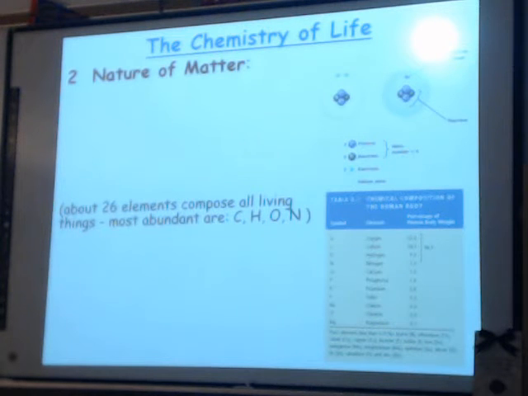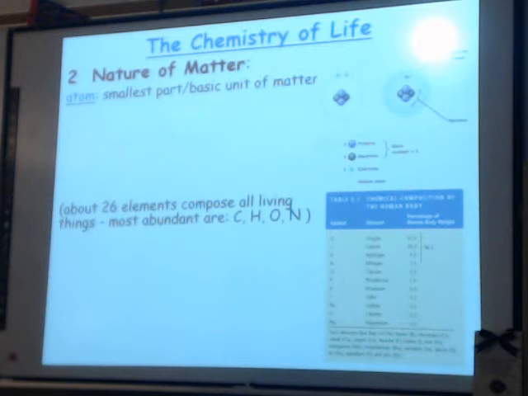When your fever's high, you just feel like you can't even move. You're so weak. And when your calcium gets low, people feel the same way. So just because carbon, hydrogen, oxygen, and nitrogen are important, that doesn't mean that the other elements are not.